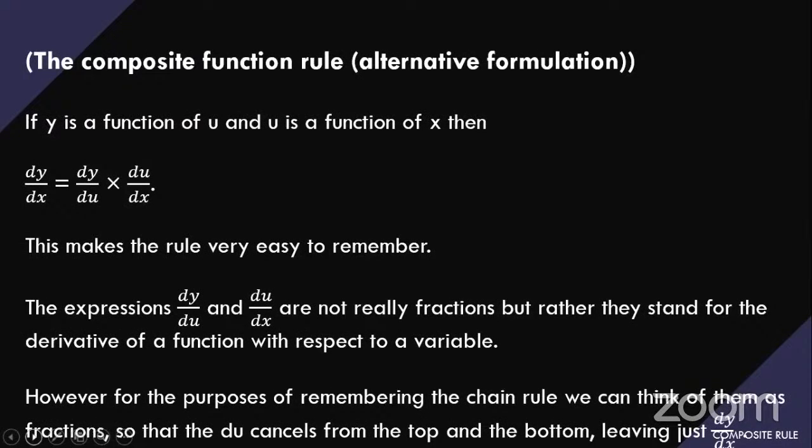So let's also see an alternative formula that we can use for our chain rule. If y is a function of u and u is a function of x, then we can state that our composite rule is dy/dx equals dy/du multiplied by du/dx. This makes the rule very easy to remember. We'll solve some examples.